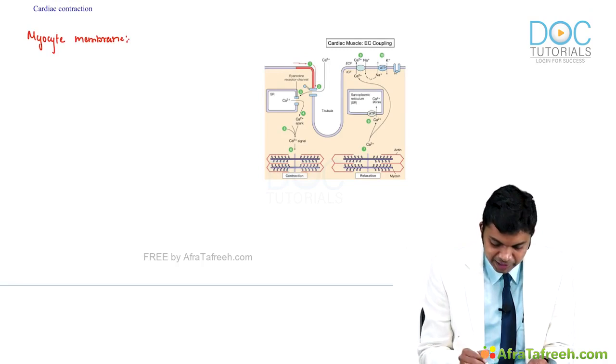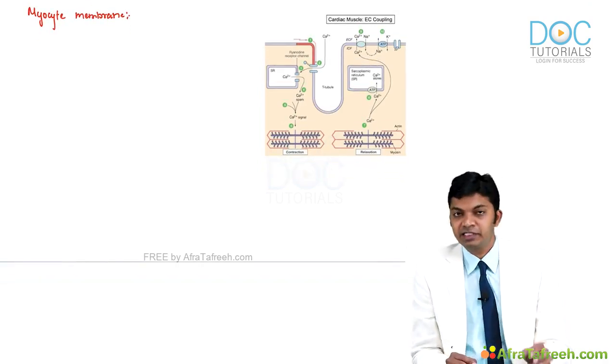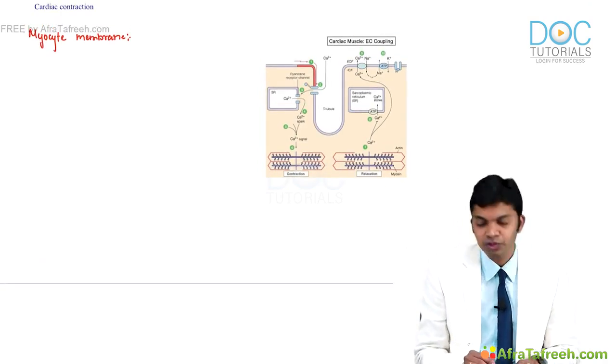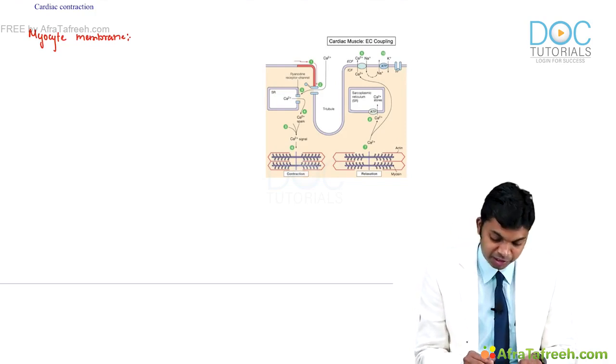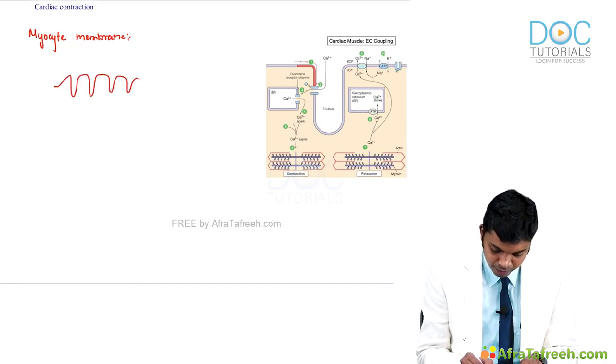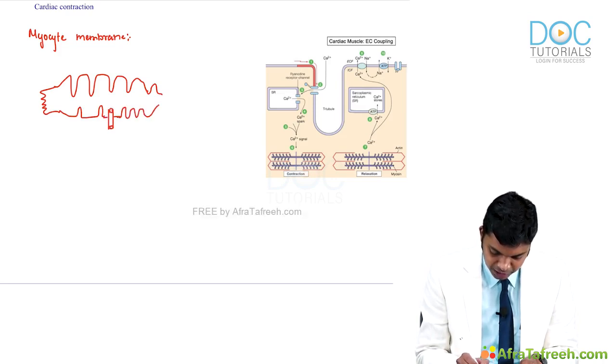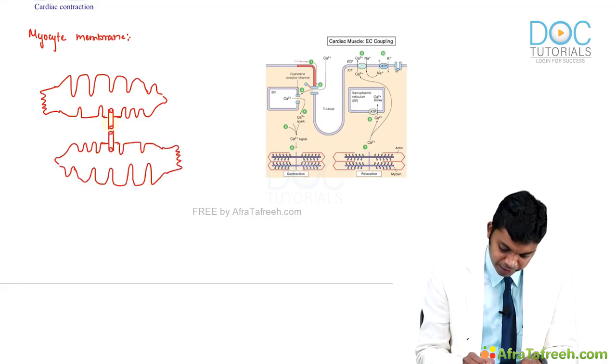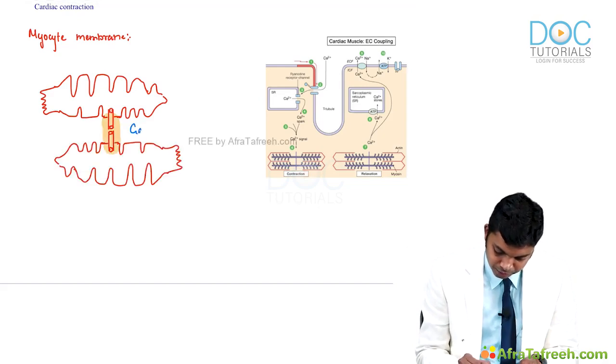Just like a skeletal muscle cell, the cardiac muscle cell also has the same kind of T tubules. But the only difference is, instead of having a neuromuscular junction, these T tubules are going to connect themselves with neighboring cells through gap junctions.